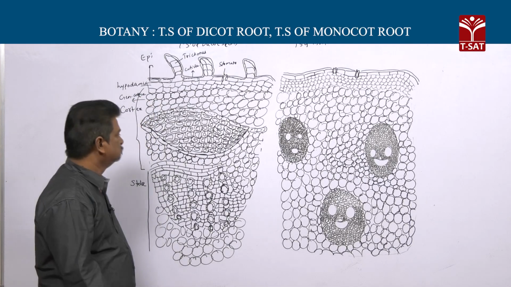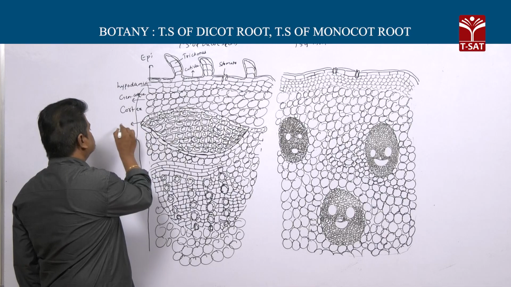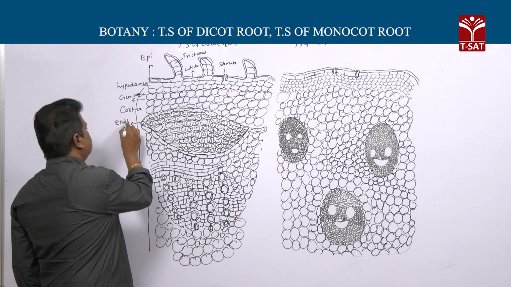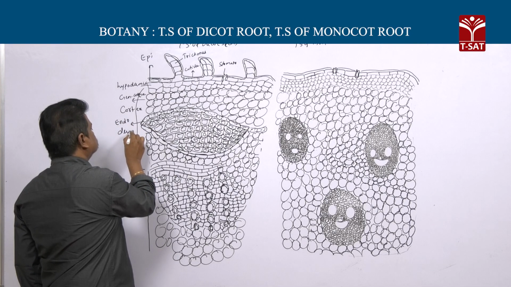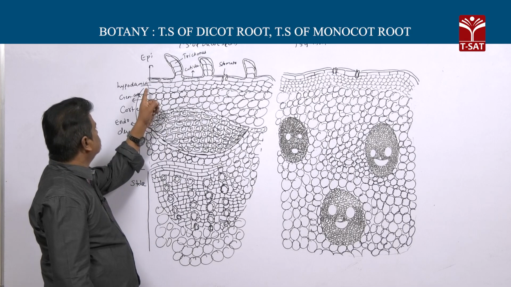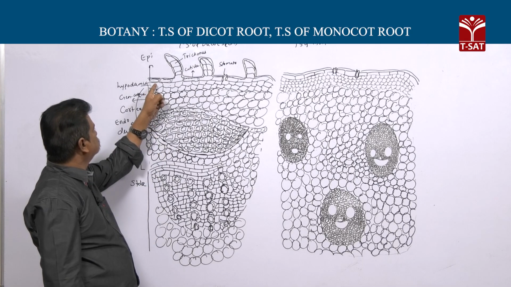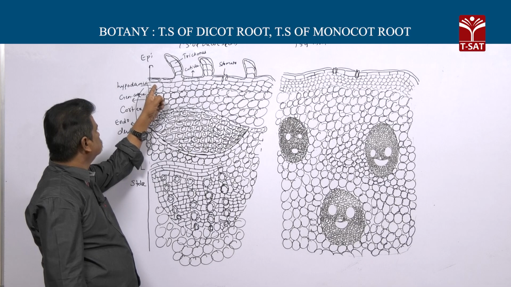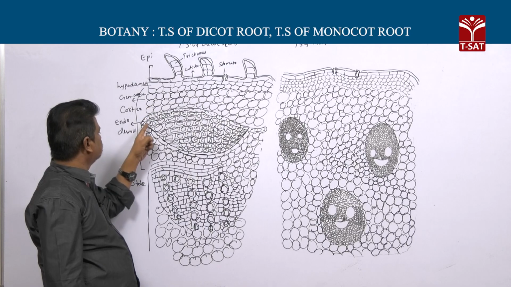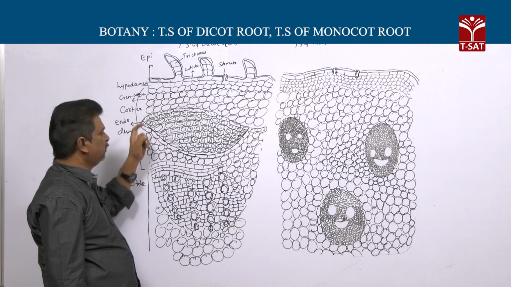Third layer, endodermis. So point is, cortex differentiated into three layers or three parts: hypodermis, general cortex, then endodermis.